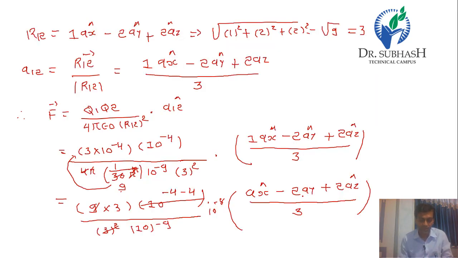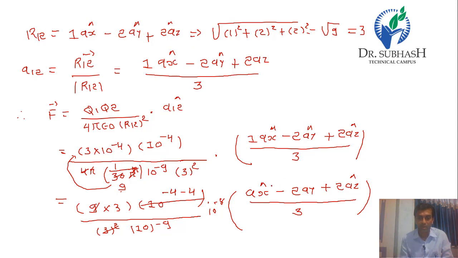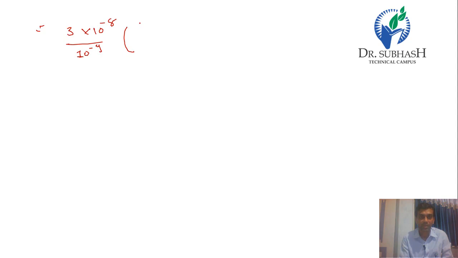If we rewrite this equation, we get 3 cross 10 raised to minus 8 upon 10 raised to minus 9, with unit vector ax minus 2ay plus 2az divided by 3. Again 3 will cancel.